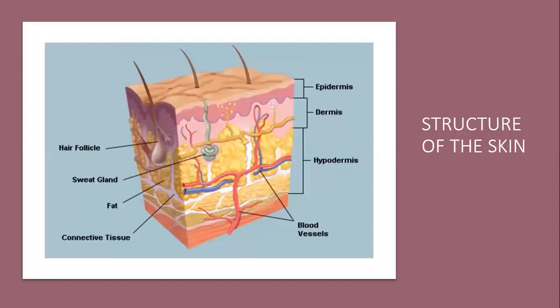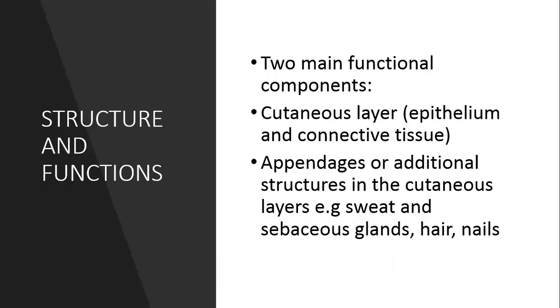So when we look at the structure of the skin, we are going to refer back to this during the training. There are two main functional components: the cutaneous layer, the epithelium and the connective tissue, and then the deeper layers, that is the appendages or additional structures in the cutaneous layers.